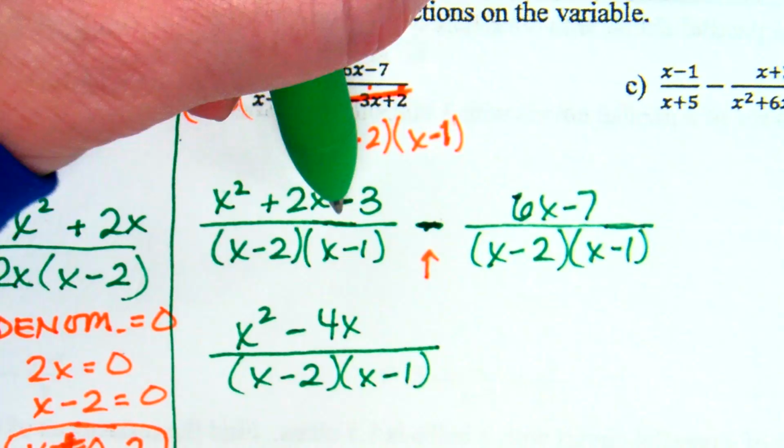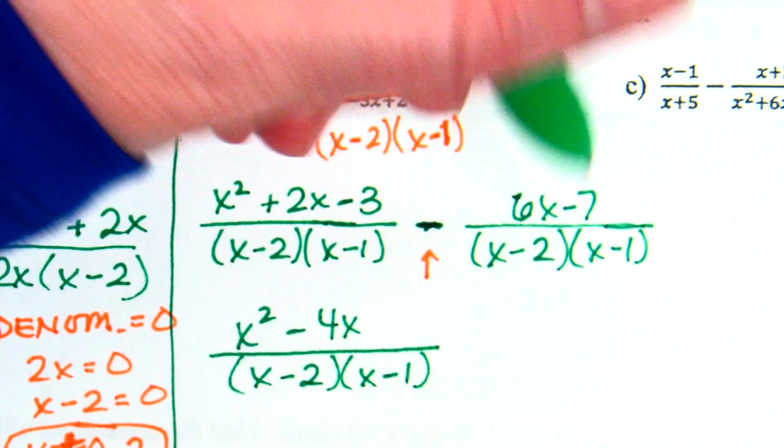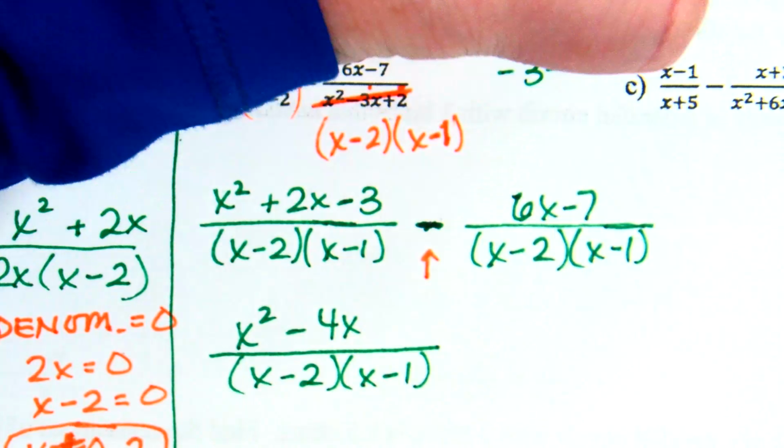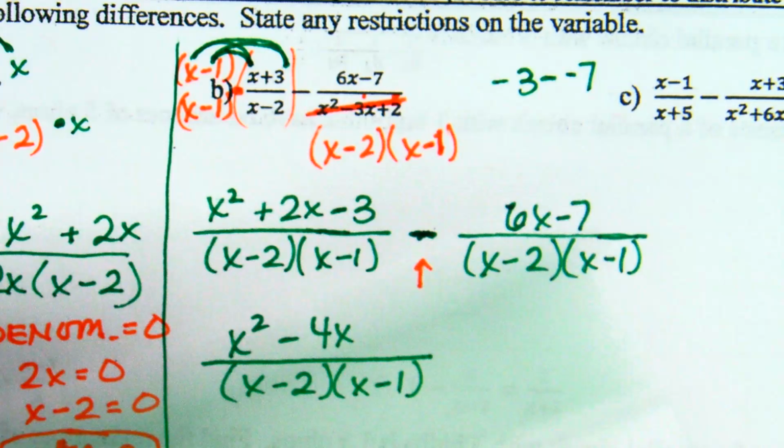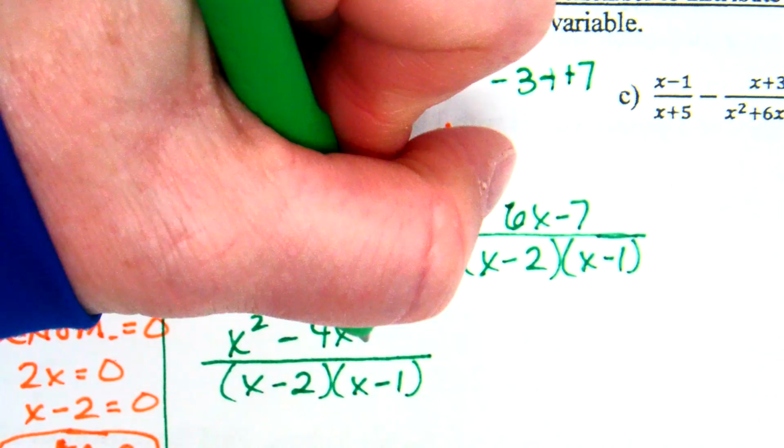Minus 3 minus negative 7. You got that? Minus 3 minus negative 7. Do you need that visual? Minus 3 minus negative 7 is really negative 3 plus 7, which is plus 4.